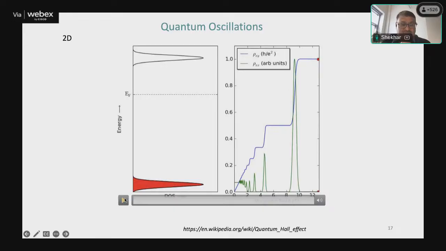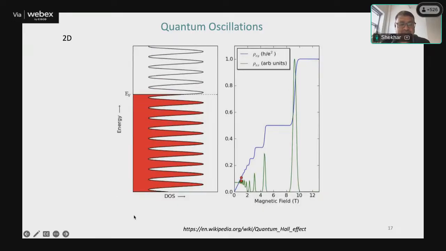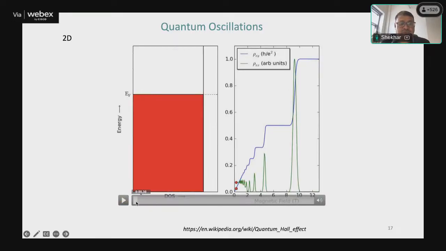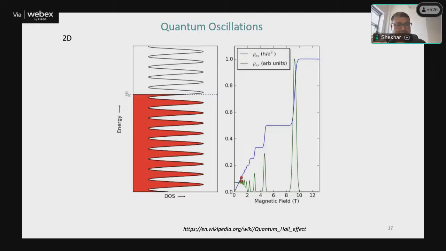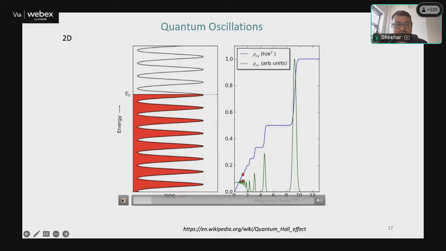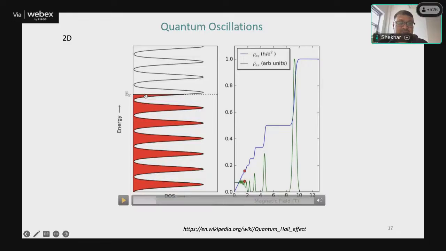So I can show you again. Here initially this band is like a continuous band. But when you apply a magnetic field, these bands split into discrete levels. That formation of discrete levels is called Landau levels. And when you go to higher magnetic field, each Landau level is shifting.